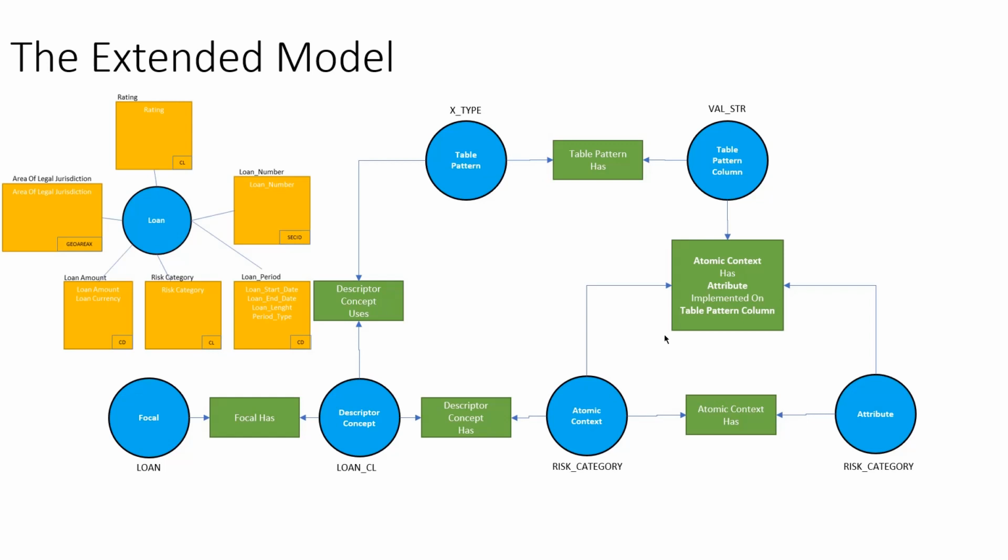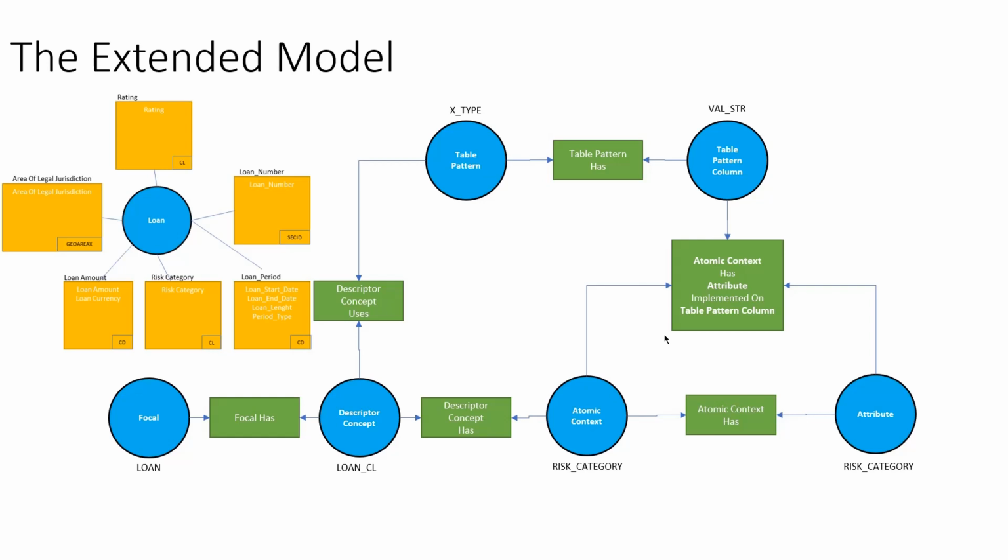But just to remind you how this was done, we had a focal which contained what focals we have been modeling. So in this case we had the loan focal, and then it had a descriptor concept called loan CL, loan classification. And that classification had one atomic context, risk category. And the risk category had a logical attribute called the risk category.